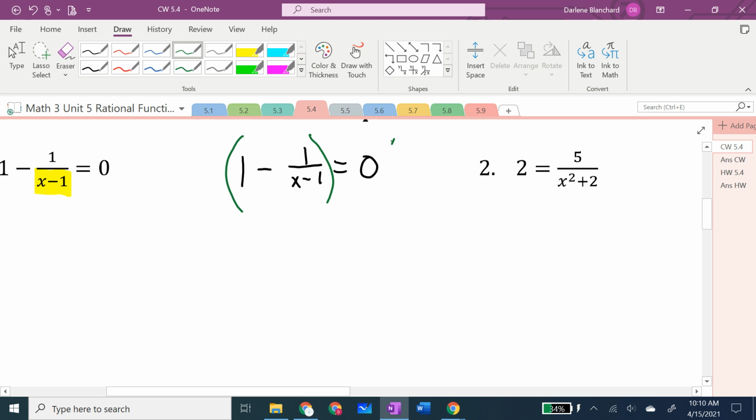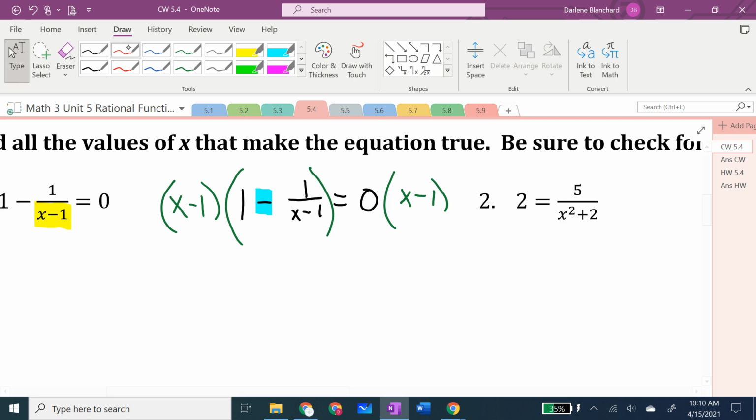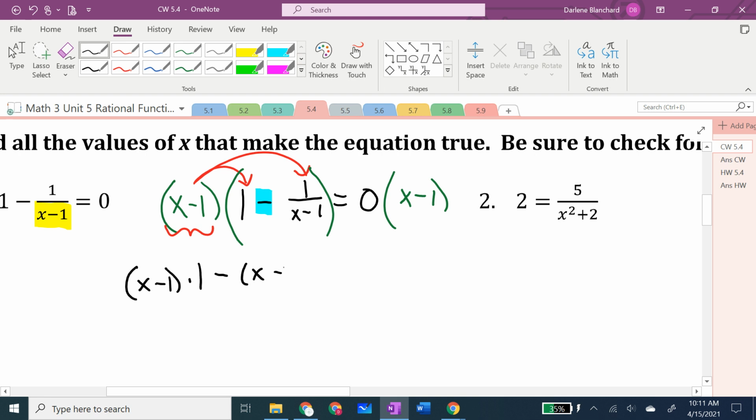If you do it right here as is, you're going to have to observe this subtraction because you need to distribute the multiplication of this parentheses over that subtraction. And I'm going to show this slowly. So you have x minus 1 times 1 minus x minus 1 times 1 over x minus 1.